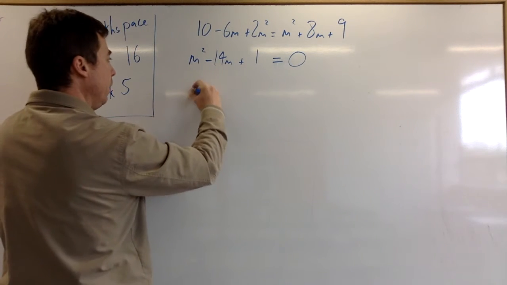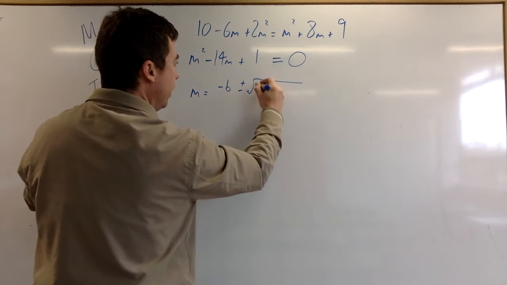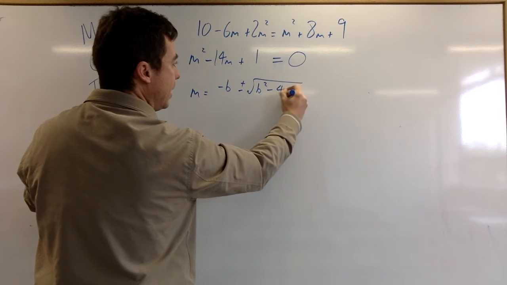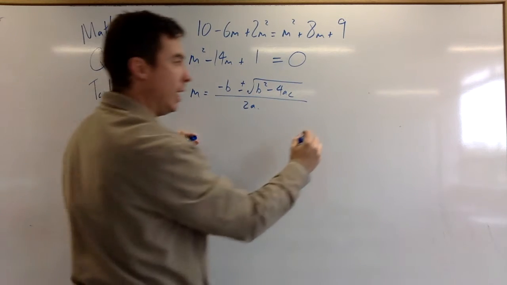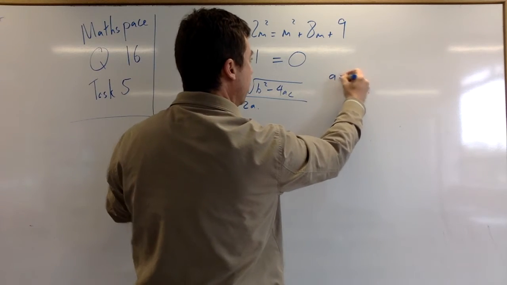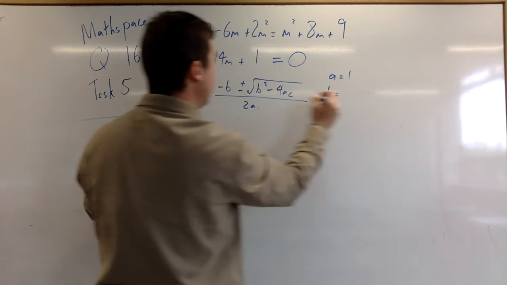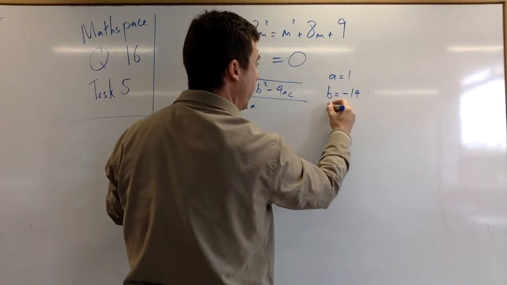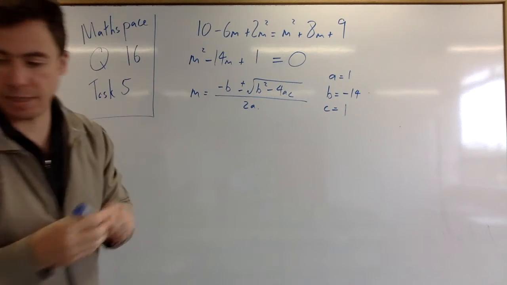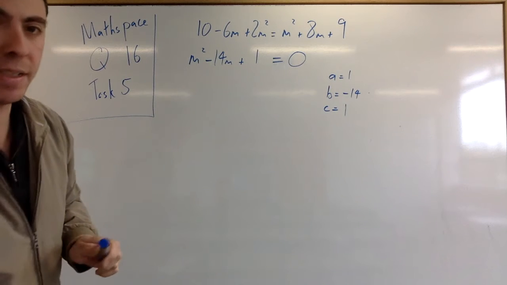We're going to say m equals minus b plus or minus the square root of b squared minus 4ac, on 2a. In this instance, our a is 1, our b is minus 14, and our c is also 1.